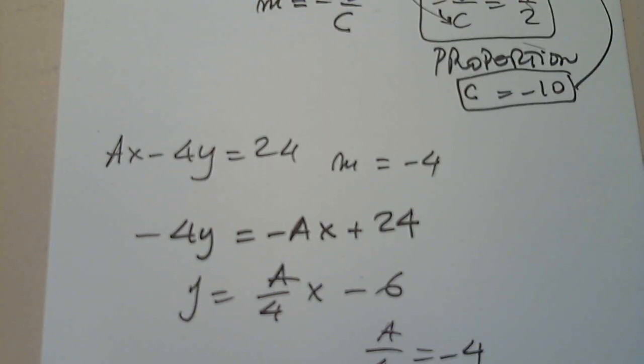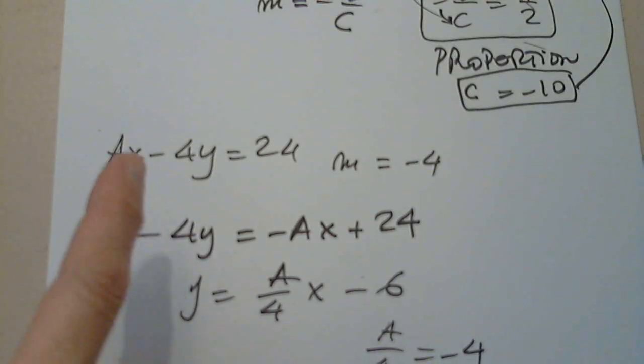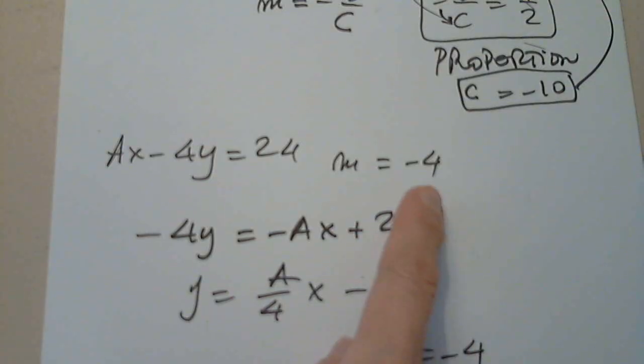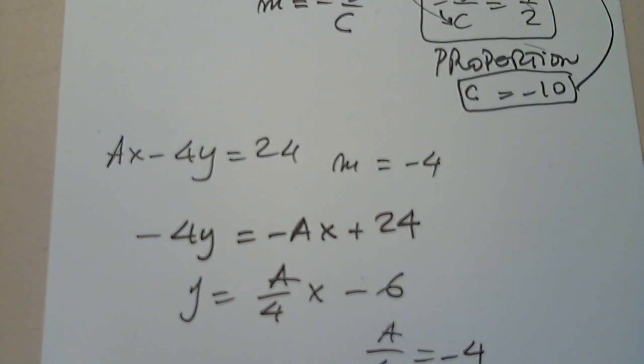And this is a proportion because this is over 1. We cross multiply and we get a equals negative 16. Is this okay? So in this equation, a should be negative 16 for the slope to be negative 4. Good?